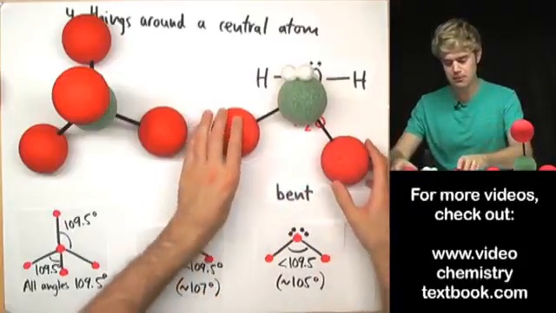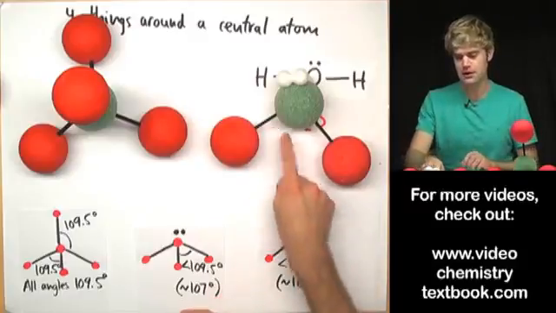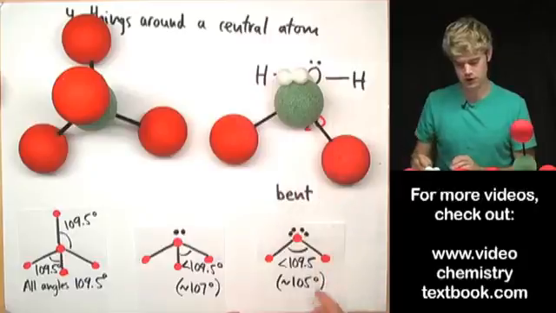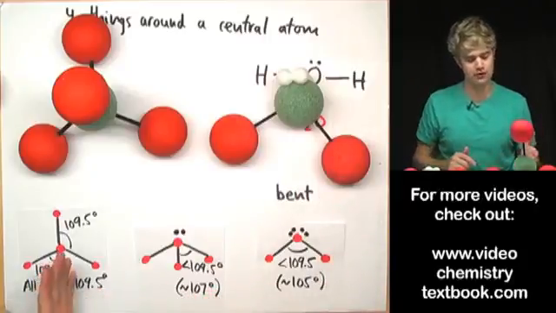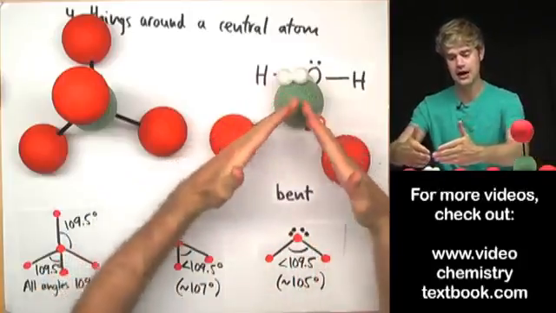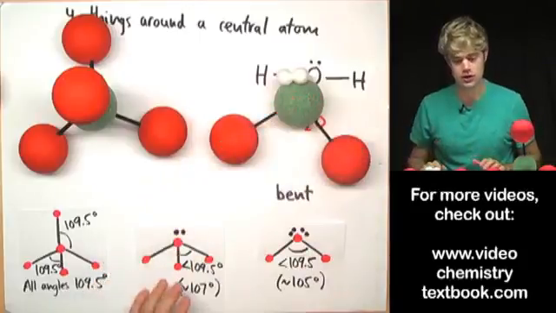So in a bent molecule like water, the angle between them is going to be about 105 degrees, which is less than 107, which is less than 109.5. So the more unshared electron pairs you add, the tighter the atoms get pushed together.